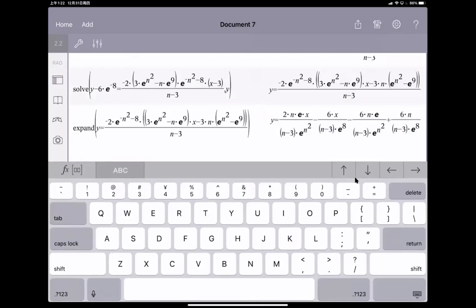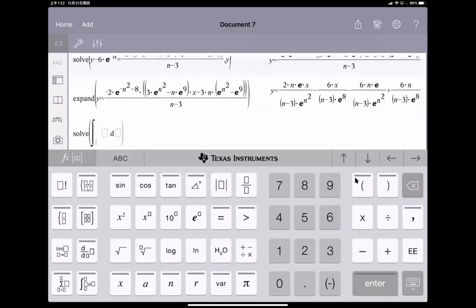Now, for the last part, I know the screen on your actual handheld is very small, but you can still copy everything bit by bit with extra care. The first integral is, let me have a look, 0 to n.